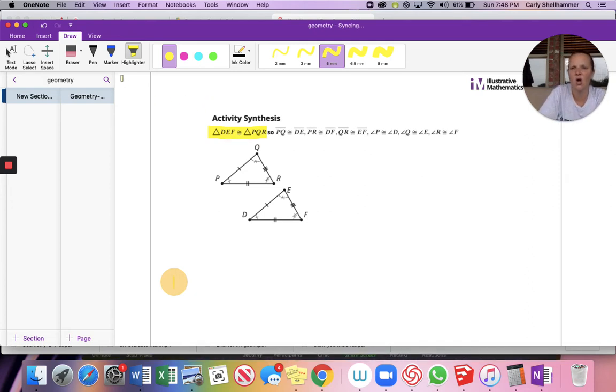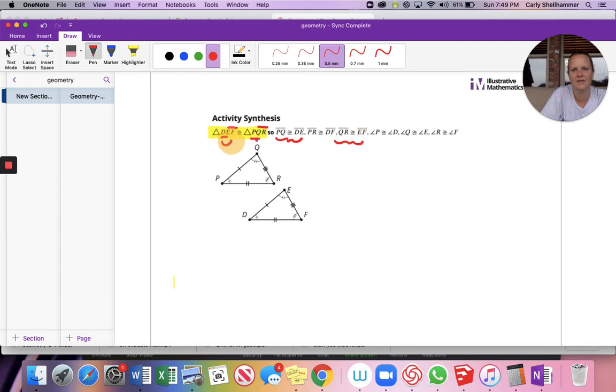So that means that all of the pieces and the parts are congruent. That means I can say that segment DE is congruent to segment PQ, which we see right here. Okay, segment EF is congruent to segment QR, which is right here. And then I can say the first letter and the last letter.